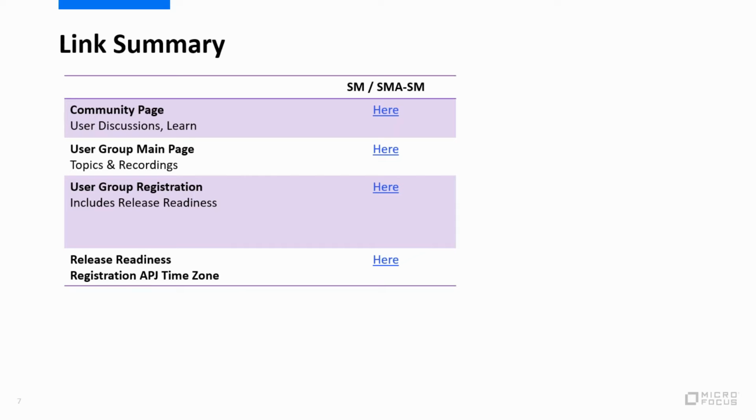All of these important announcements or enablement will be published in the community page of the SMA-SM. So that's a good place to get the update from the product team on the SM and SMA-SM service portal. Okay, that's about some useful information around Service Manager and SMA-SM.